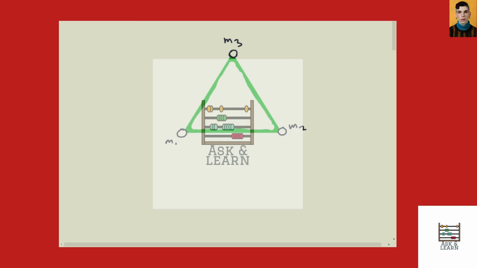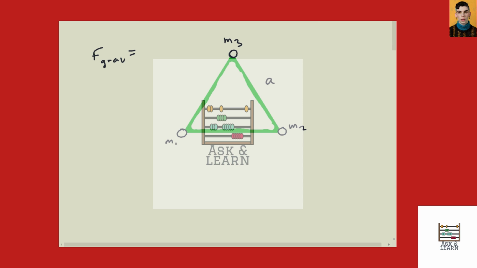Here we are doing examples of finding the net force on a point charge with the force coming from a gravitational interaction with three masses on the vertices of an equilateral triangle.